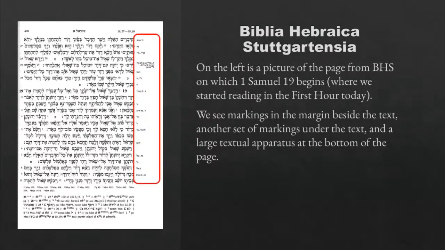On the right side, if you see all those markings, these come from the Masorah. The tradition is handed down by the Masoretes, that is the ones who added all of the vowel points and the trope.